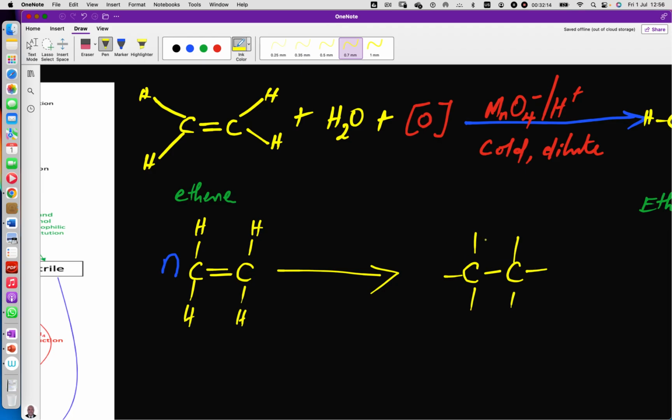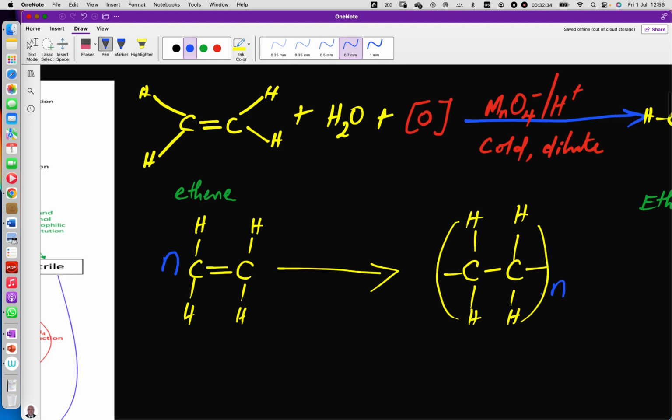This is a polymer, depending on the number of alkenes that were added.